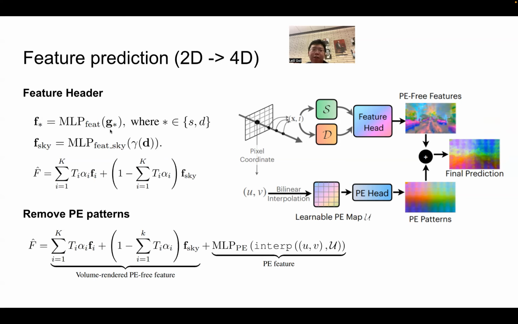Given the static or dynamic field, you get the features with an MLP feature head F. You have the sky feature, the features for the dynamic things and the static things, and you aggregate them all using volume rendering. Then this F hat, capital F hat, is supervised by the features predicted by the 2D models.